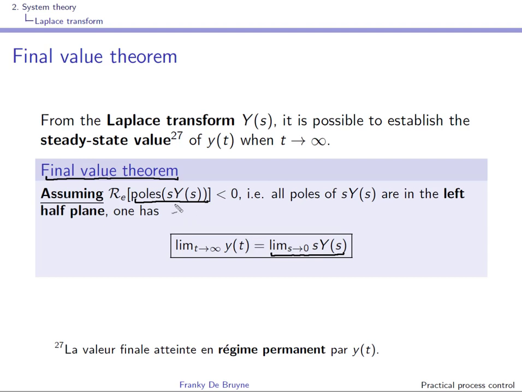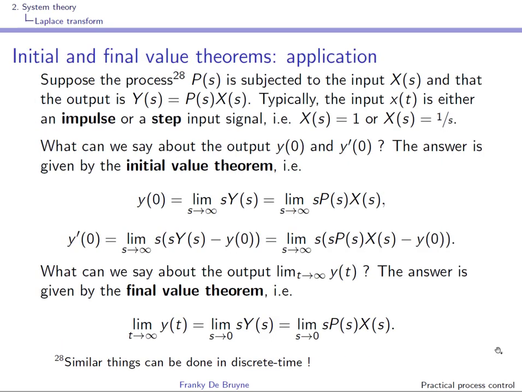So make sure that you apply this final value theorem correctly, because for instance, if you apply it to an unstable process to, for instance, determine the step response, you will draw the wrong conclusions. The initial and final value theorems will be used quite extensively in the next section on process behavior.